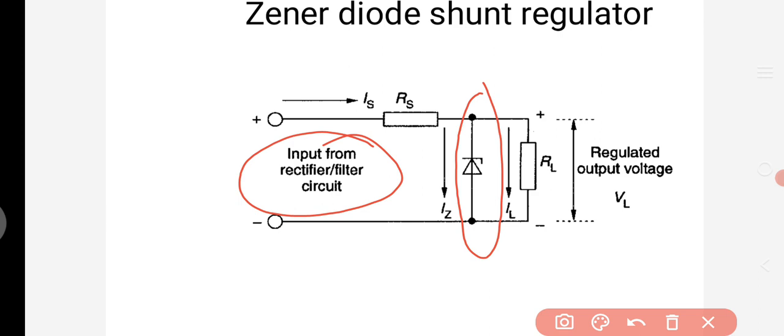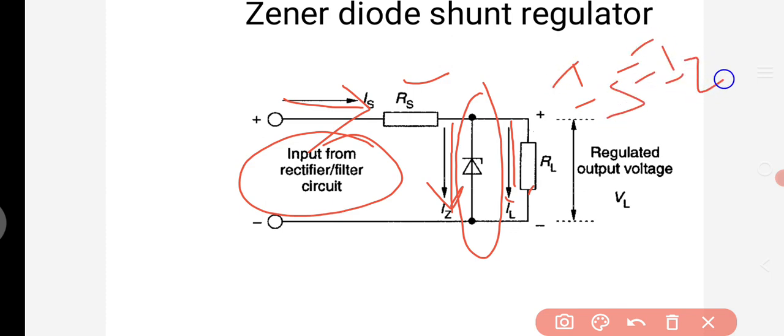So the current Is will be equal to the source current, through the source resistance. The current entering into this diode will be called Iz. The load current will be called IL. That means the source current Is is equal to the sum of the Zener current Iz plus the load current IL.